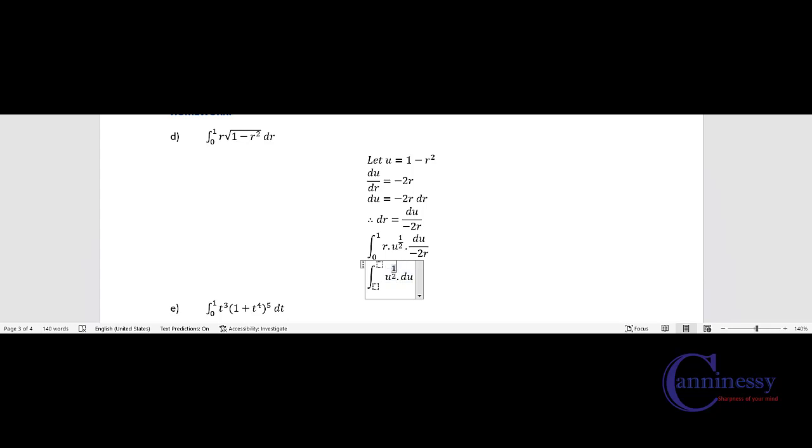Then here we have negative 1 over 2. So now we have to integrate.